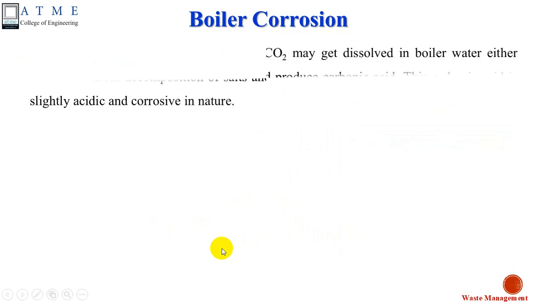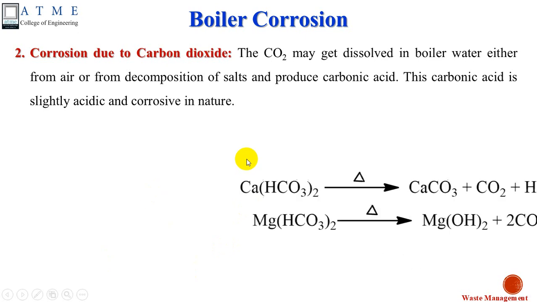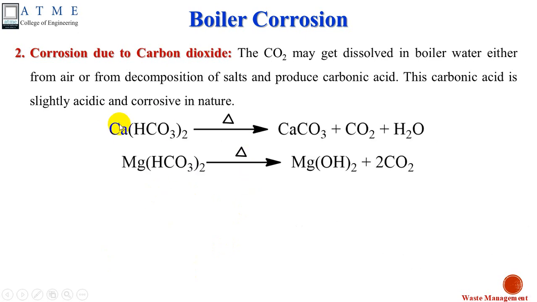And the second type is corrosion of the boiler due to the presence of carbon dioxide. The water also has carbon dioxide in dissolved form, and there will also be carbon dioxide liberation due to some decomposition reactions.